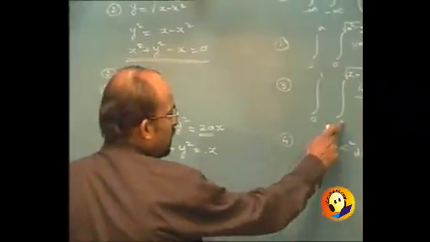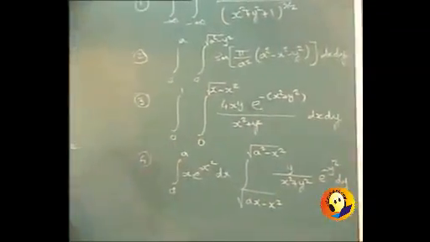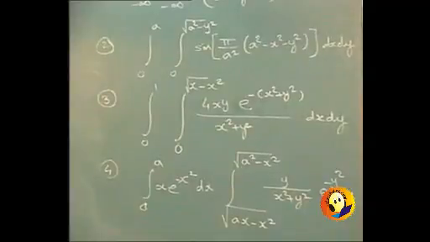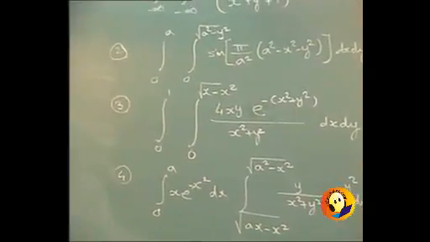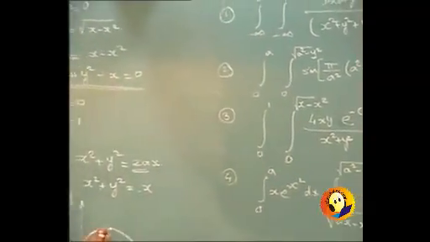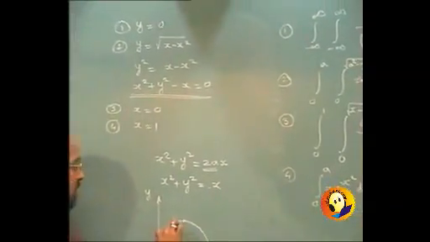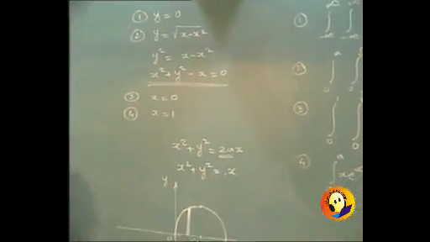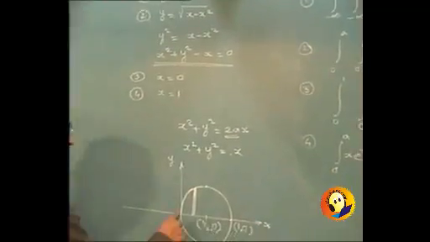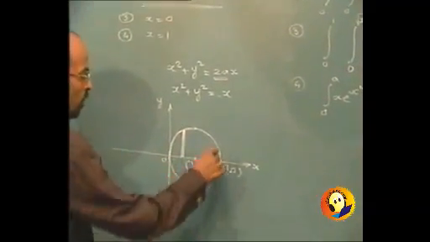There should be some mistake. This should be from y equal to 0. So he is going to take strip parallel to y axis from y equal to 0, that is x axis, to y on circle, and such strips he has taken from x equal to 0 to x equal to 1.